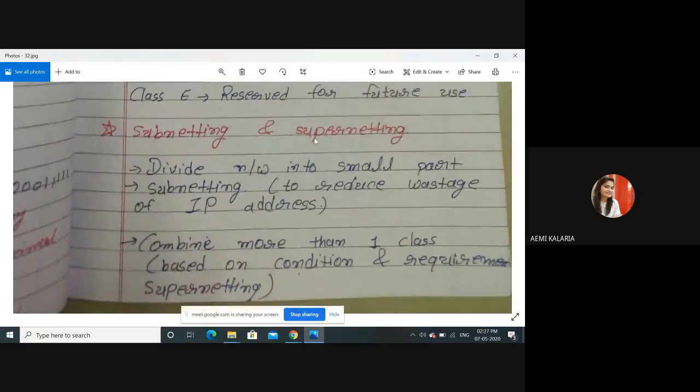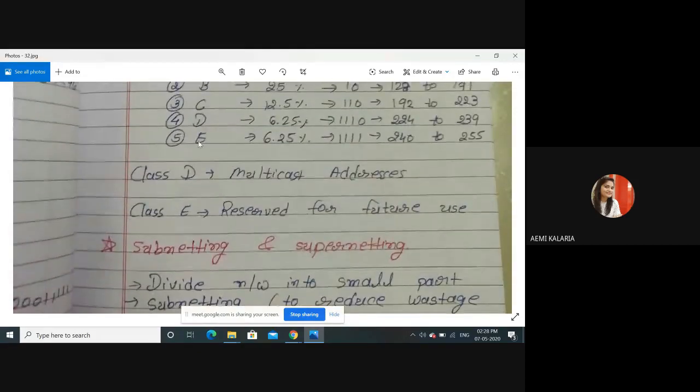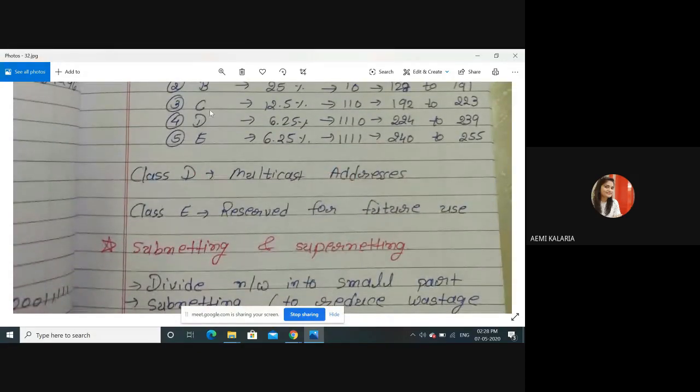And exactly opposite to it, supernetting means what? Combining more than one class based on the condition and requirement. Means if I want to combine two C classes, then also it's possible. So class combination and class division are also possible whenever we are dealing with IP addressing.